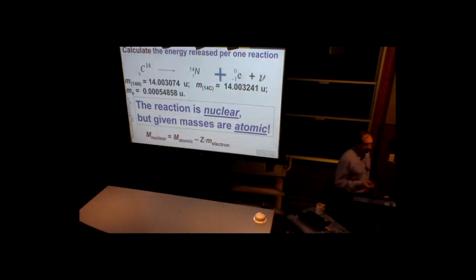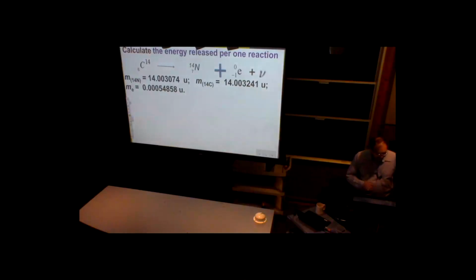But if we need to calculate the energy released, and energy released, we know this term represents the amount of kinetic energy for each remnant particle, a piece of the original nucleus. That's it.